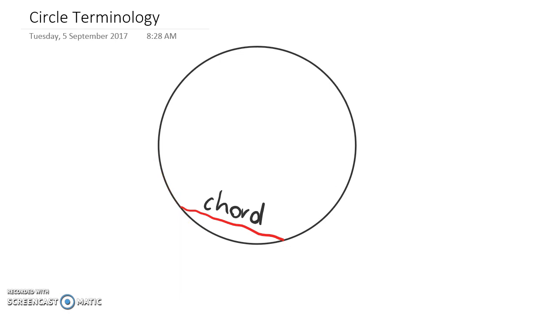What happens if I just look at this portion of the circle there between the chord and the circumference? When I just look at that, that is called a segment. It's like when one of your friends wants to ruin a birthday cake by cutting it the wrong way and they cut a segment off.